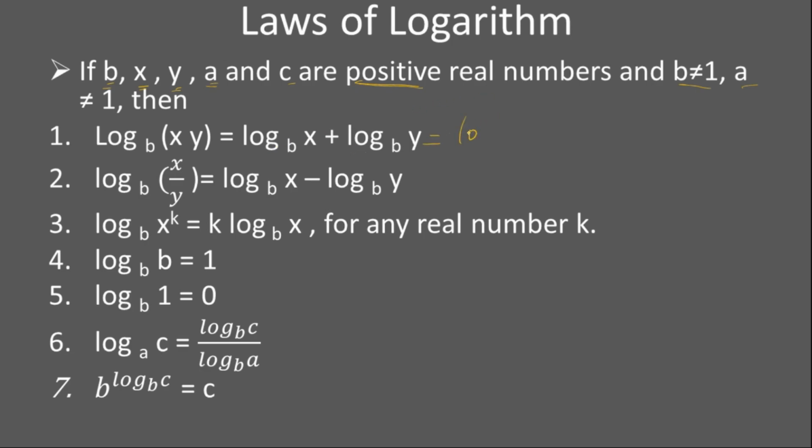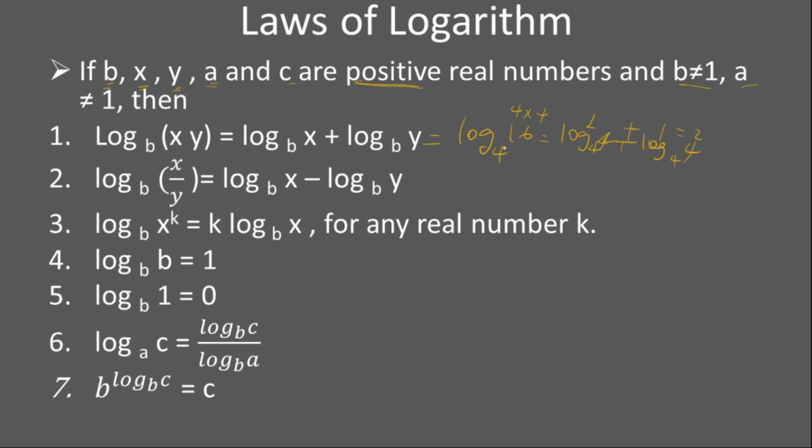For example, the logarithm of 16 to the base 4 can be written as, since 16 is 4 times 4, the logarithm of 4 to the base 4 plus the logarithm of 4 to the base 4. This is 1 plus 1, which is finally 2.